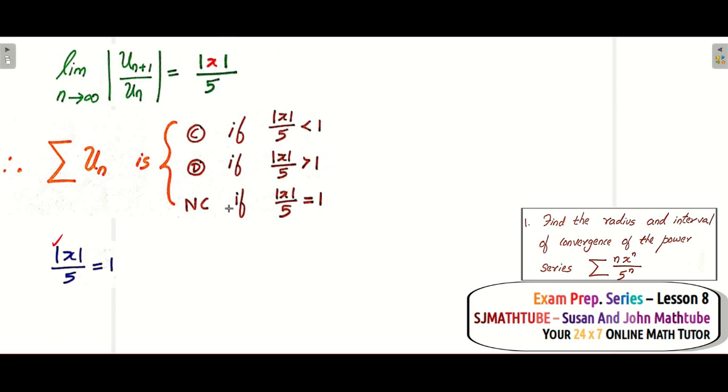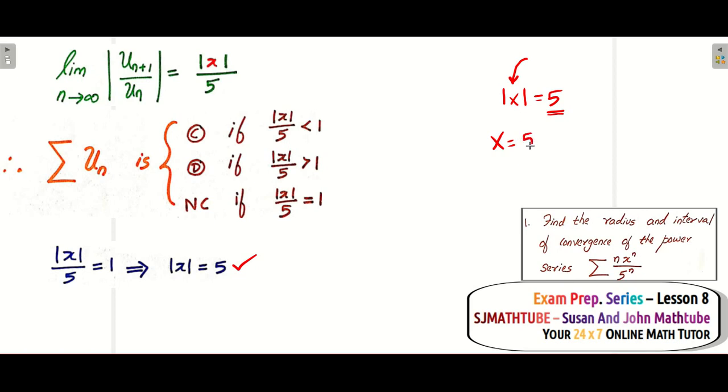So mod x by 5 equal to 1, and that means mod x is equal to 5. Now look at this. What is modulus of x is equal to 5? It means the values of x which will give an output 5. So what are the possible values of x?